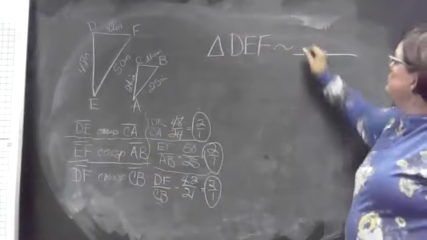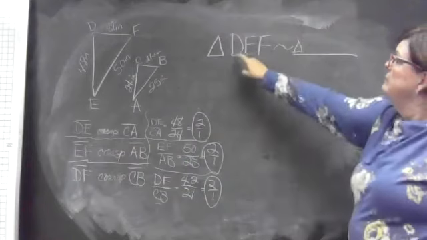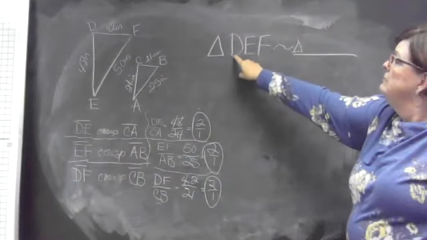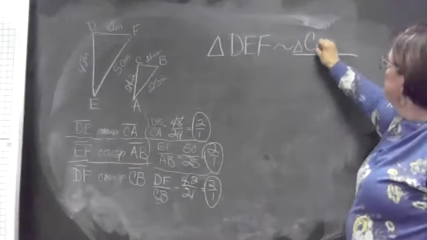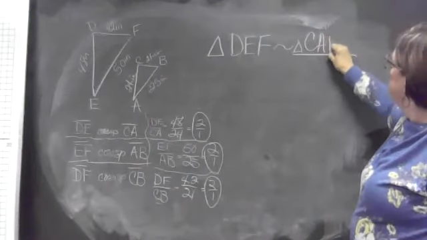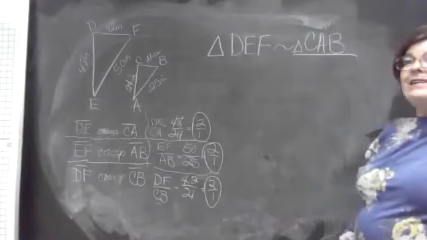So what are you going to put? Triangle? Or no. CAB. I heard somebody say it. Not sure who it was. Mary. Was it Mary? Yes.